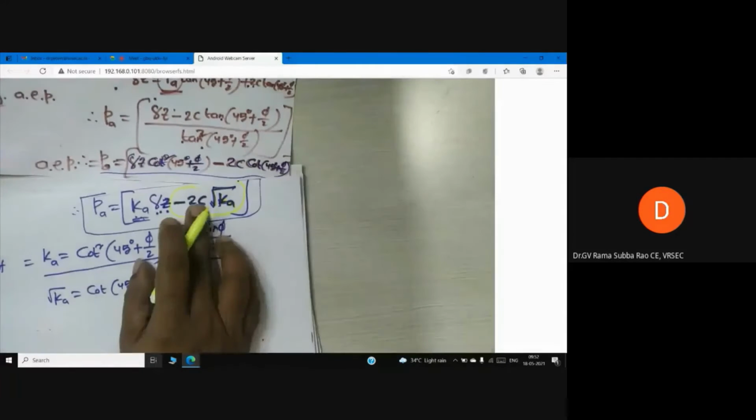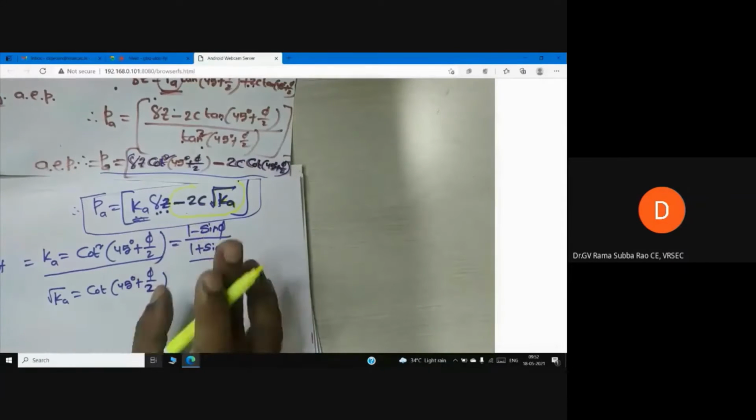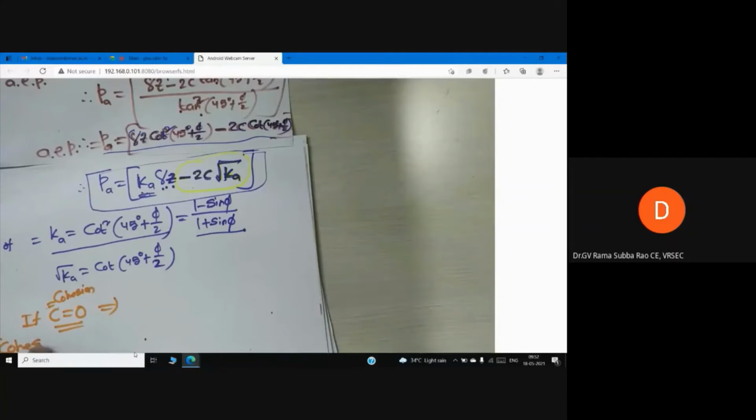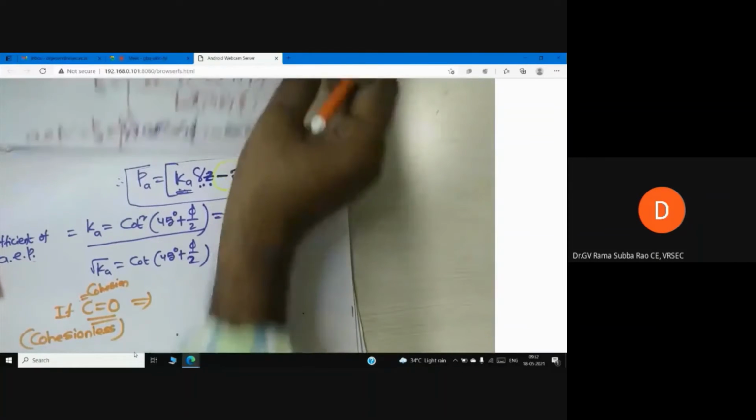If c is 0, someone can ask me, sir, this question is showing something different for me. Okay, then you do one thing, I will help you. If c is 0, let us check now. C means, I am repeatedly telling, cohesion. That means your soil is cohesionless, just like Rankine. You know the assumptions and limitations of Rankine. Now let me tell you, if c is 0, what is going to happen to your equation?